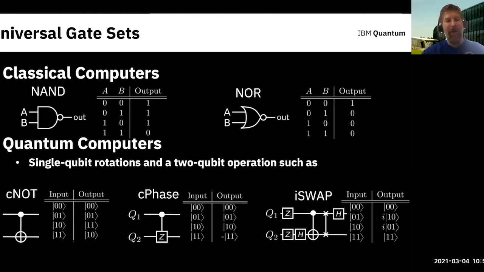The controlled NOT gate inverts the state of the target qubit depending on the state of the control qubit. Say the control qubit is the first one and the target qubit is the second one. If the control qubit is 0, then applying the CNOT does nothing, and 0,0 goes to 0,0. But if the control qubit is 1, then it's going to invert the target bit. So 1,0 will flip to 1,1, and 1,1 will flip to 1,0, keeping the control the same.